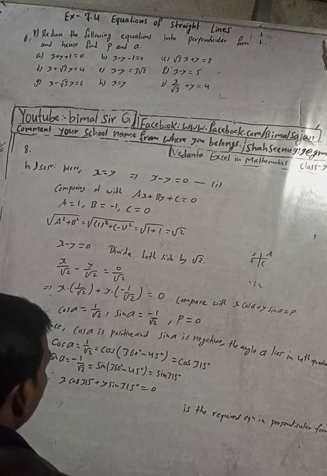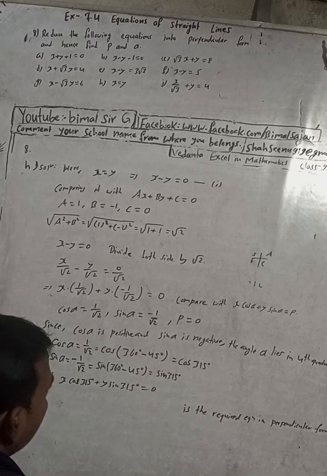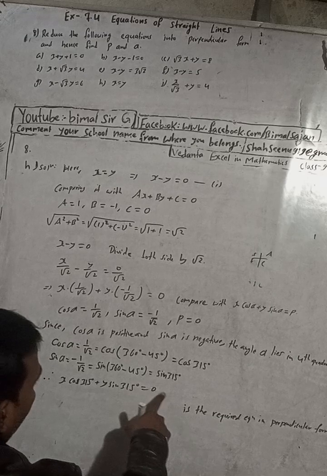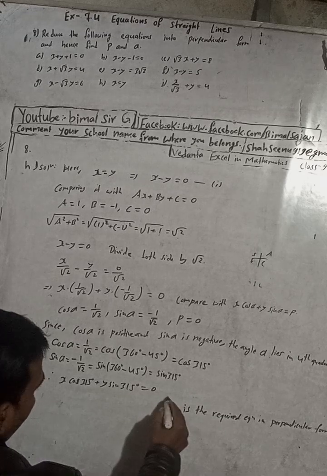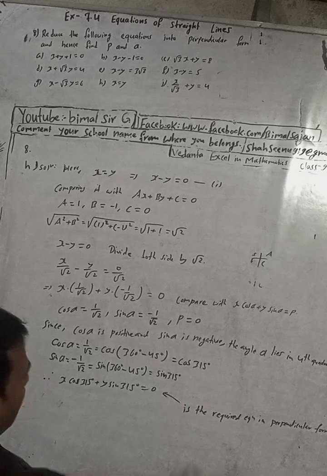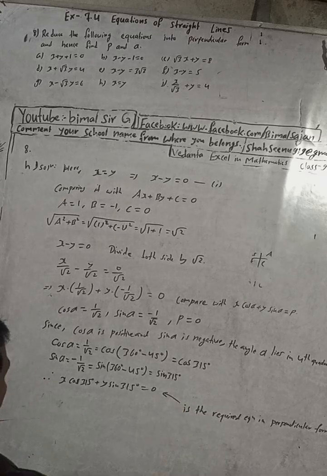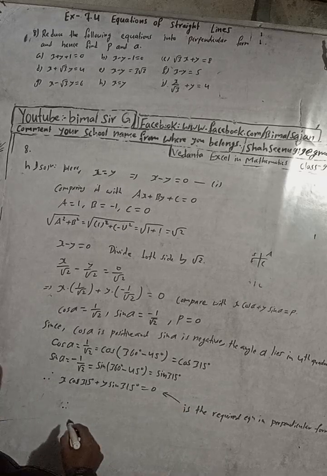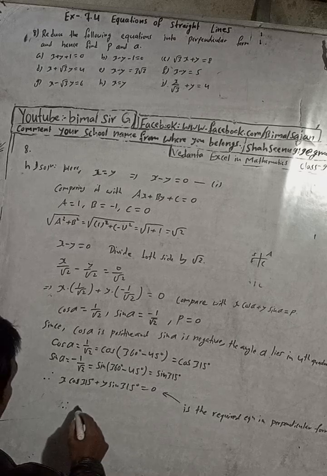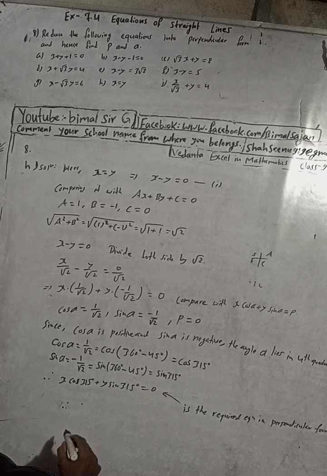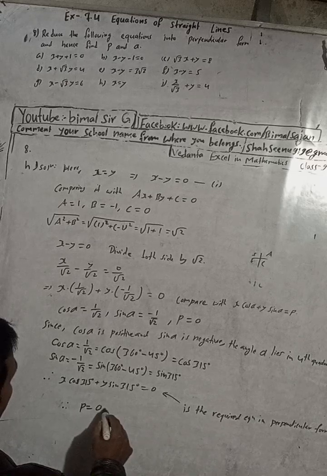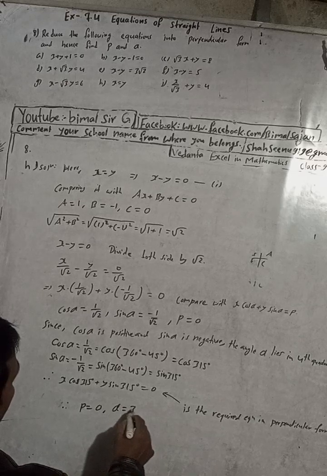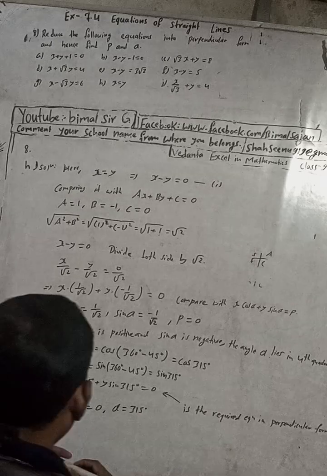This is the required equation in normal form. Now we have to find p and alpha. So p is equal to 0 and the alpha value is equal to 315 degree. Let me check the answer.